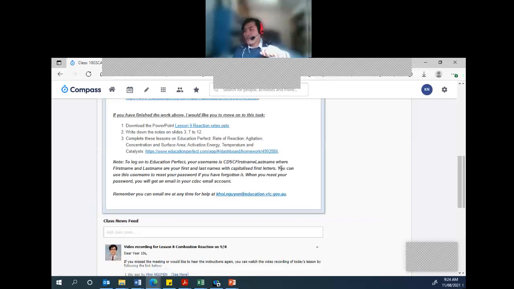If you forget your password, you can reset it using this username. Just click on forgot password, put your username in, and it will send an email to your CDSC email account with a link for you to reset it. I can also reset it for you, but I think it's going to be easier if you do it yourself. If you're really struggling to reset the password, email me. I'll reset it and send you back a new password.